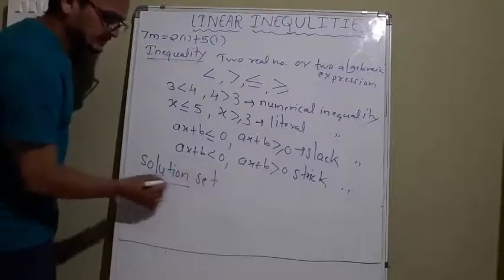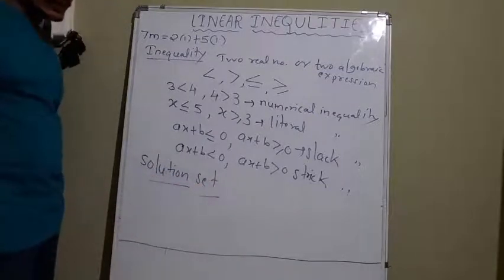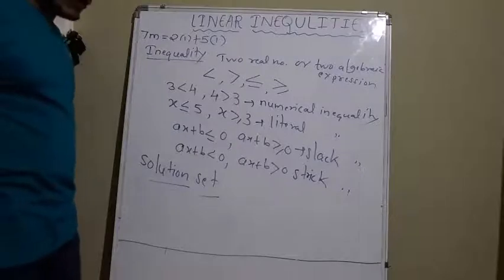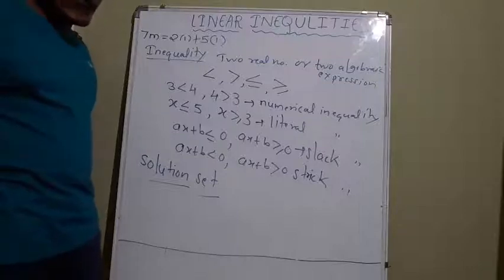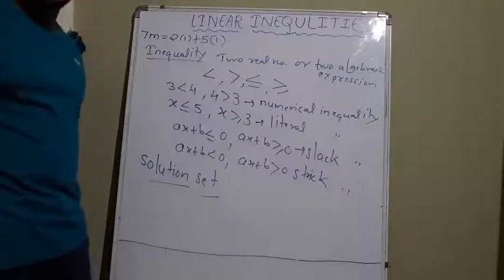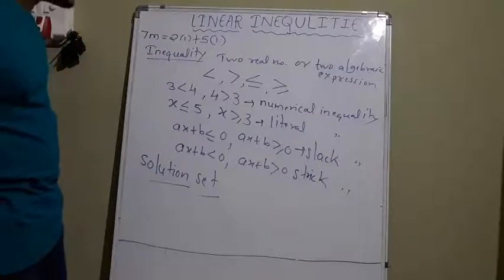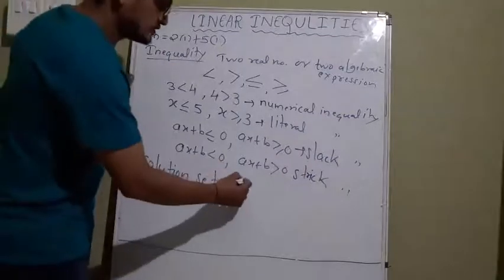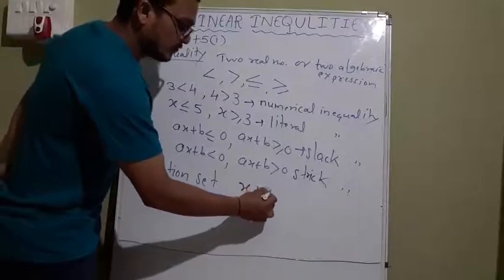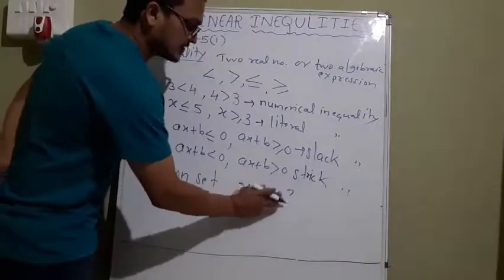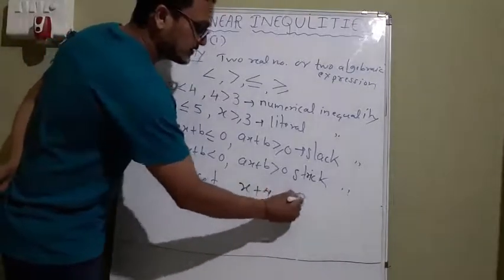Solution set. Now, solution set means what? The set of all those values of x which satisfy the given equation. For example, suppose I have x plus 4 is less than 3.